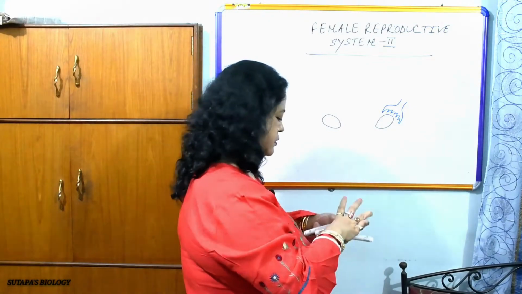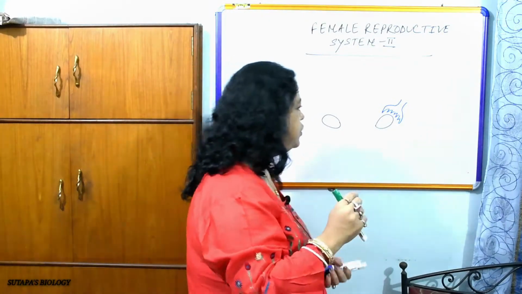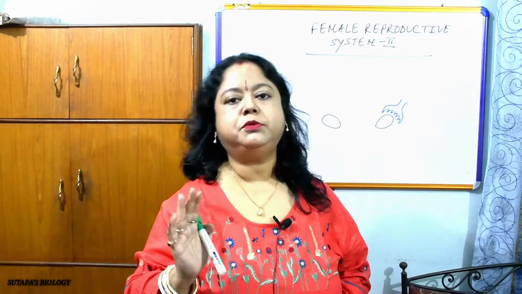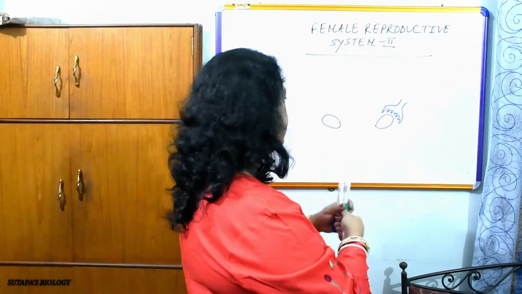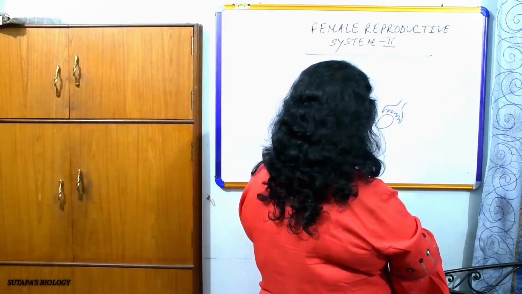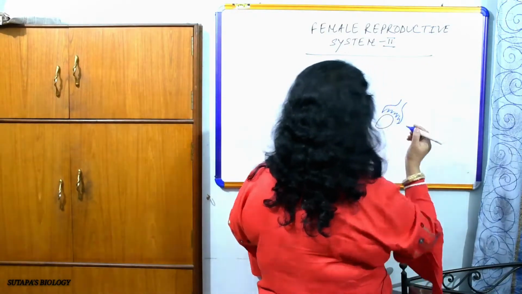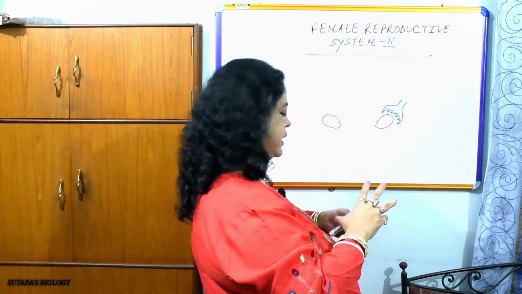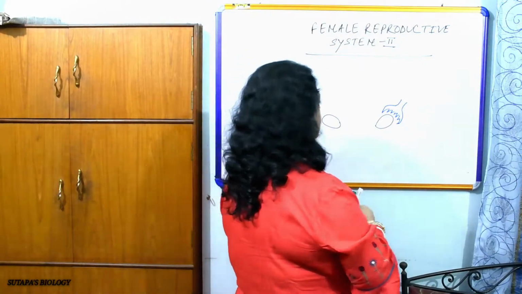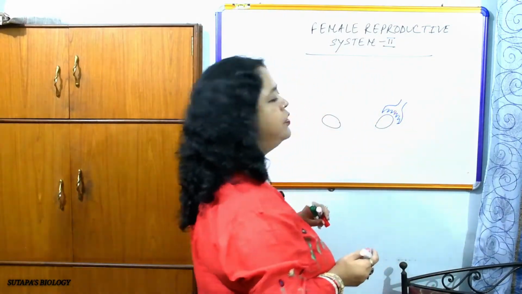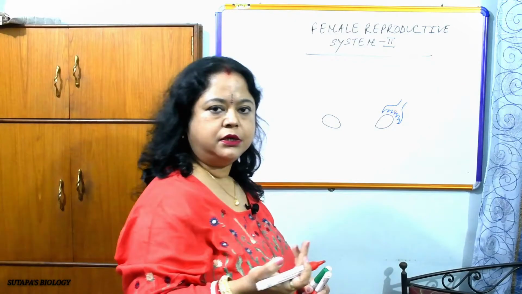Fimbriae always move to draw the ovum after discharge of the ovum from the ovary. So they oscillate or move to pick up the released ovum, and at the center of the fimbriae there is an aperture or hole which is known as ostium, and through this ostium it will draw the ovum inside the fallopian tube.